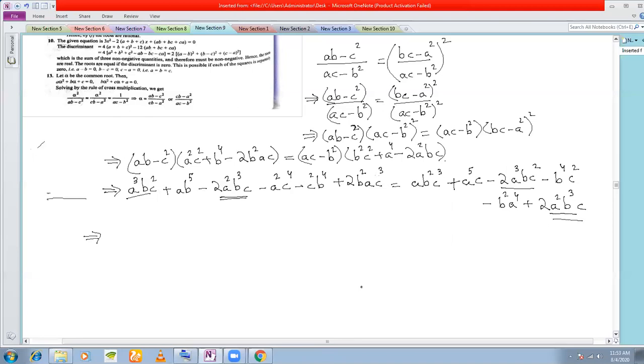You have b square c to the power of 4, you have c square a to the power of 4, yes, b square a to the power of 4. And what else? You have terms here which have not been accounted for.